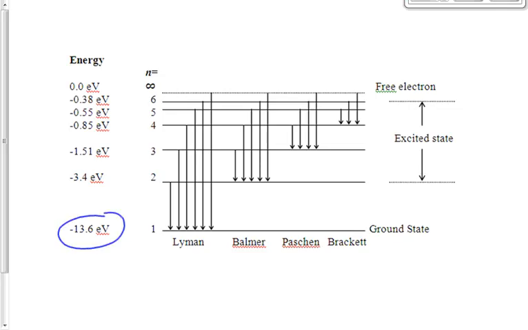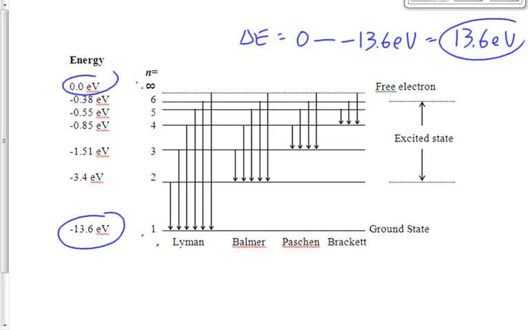What do we got on the infinite level when it's left the atom? 0. How do I find the energy that's required to go from here to here? Subtract again. Do the same thing, except this time we're going from level 1 to level infinite. We're going to say 0 minus negative 13.6. So the ionization energy would simply be 13.6.